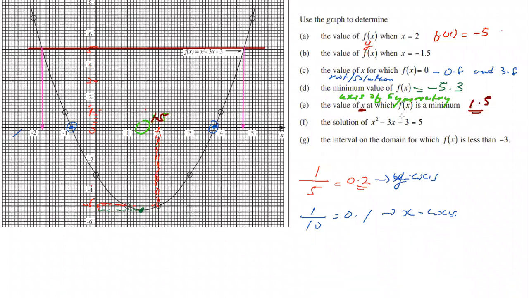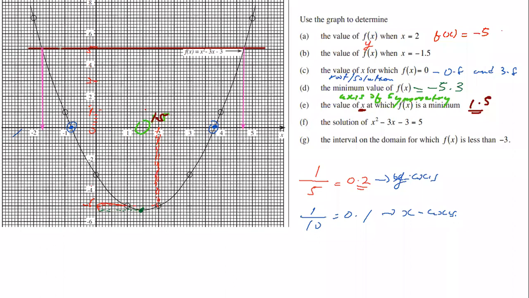What do you see? Negative 1.7 and what? And 4.7, am I right? Yes.